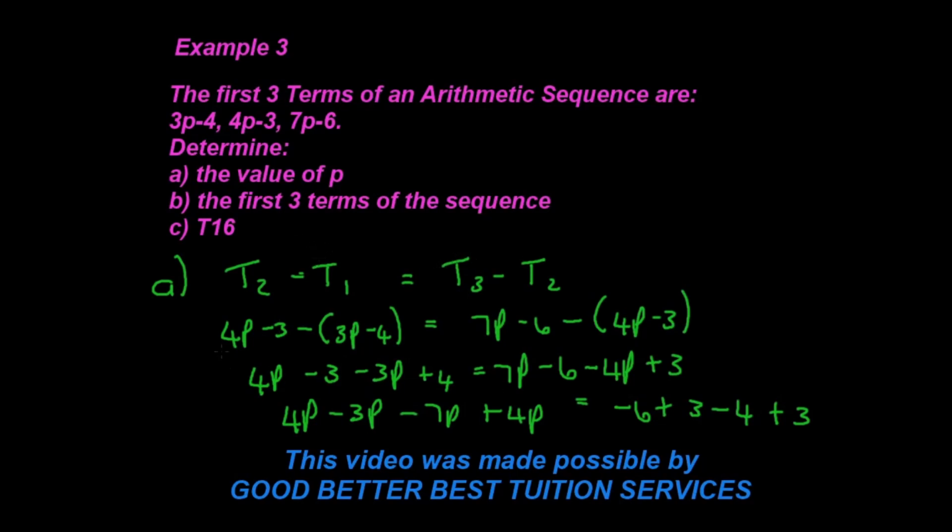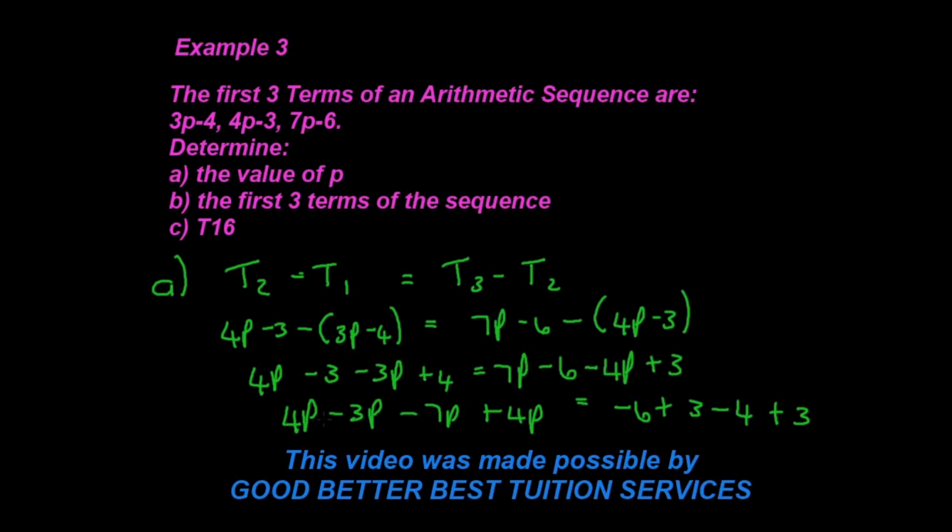So what I'm doing is setting this up as an equation, and I'm saying 4p minus 3 minus (3p minus 4), which is T1, and then T3, 7p minus 6 minus (4p minus 3), which is T2. What I'm doing now is simplifying, so getting rid of my brackets on both sides. And what does that give me?